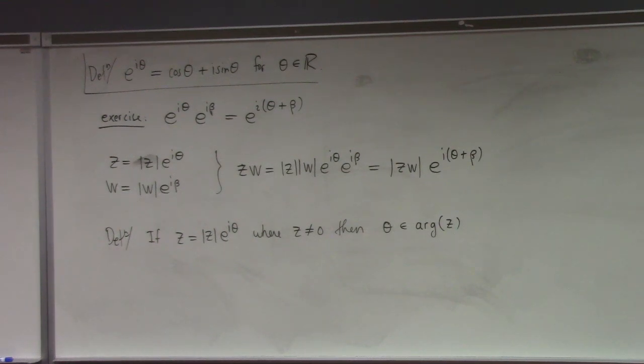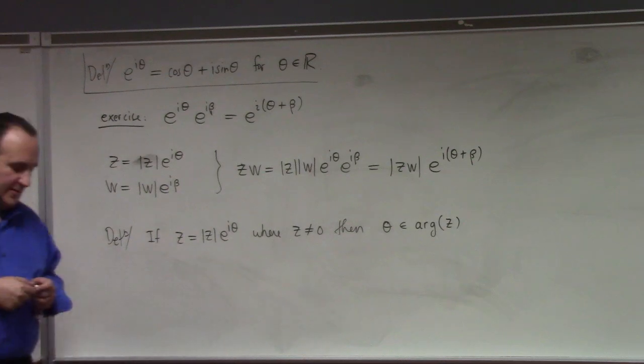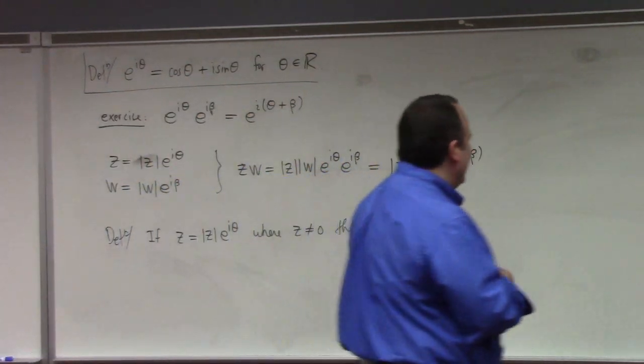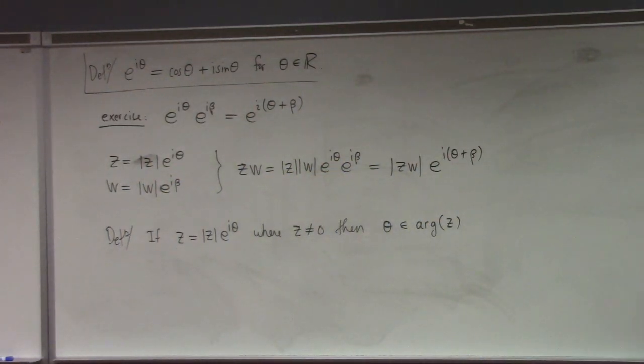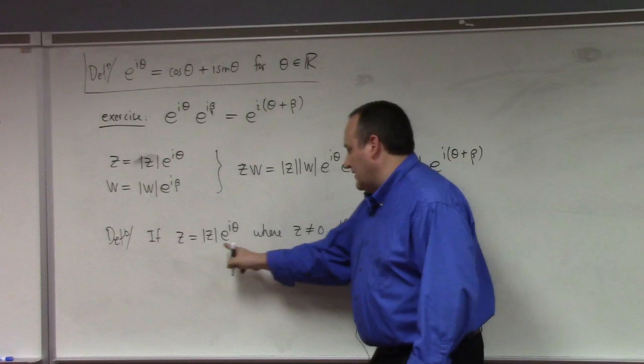So the argument of z is what? A set. It's a set, right? And how do you know that? Let's see, how can I say it another way?